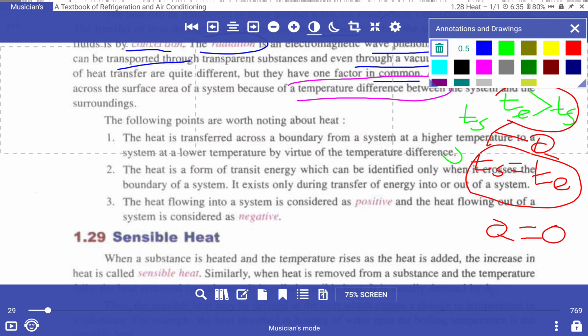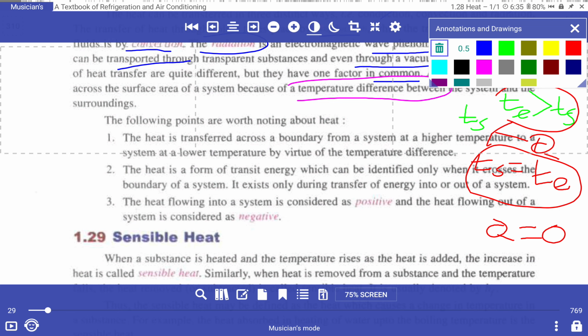The following points are worth noting about heat. One, the heat is transferred across the boundary from a system at a higher temperature to a system at lower temperature by virtue of temperature difference.